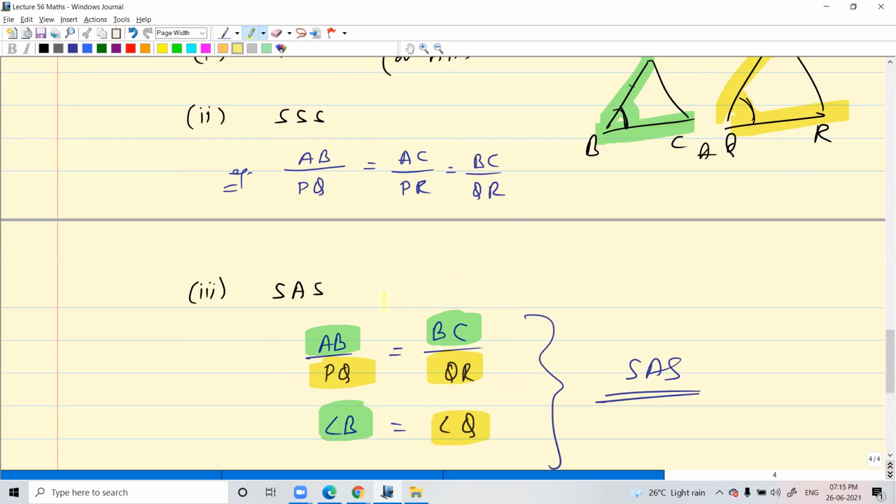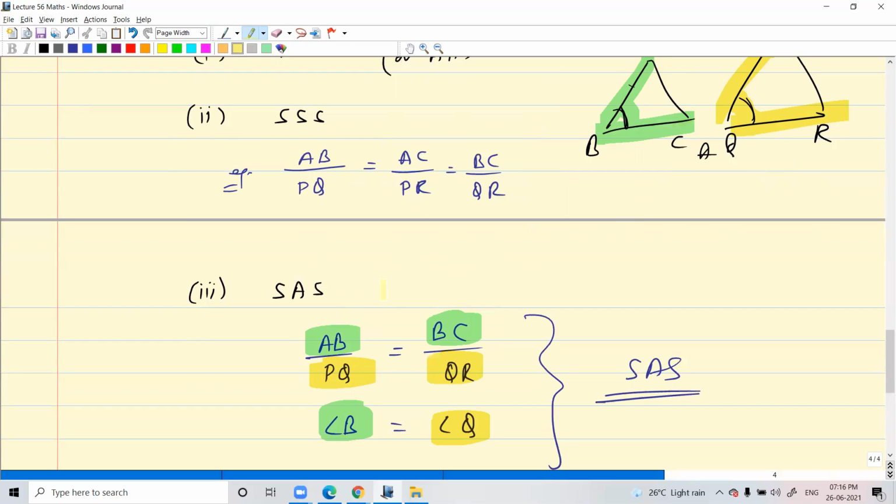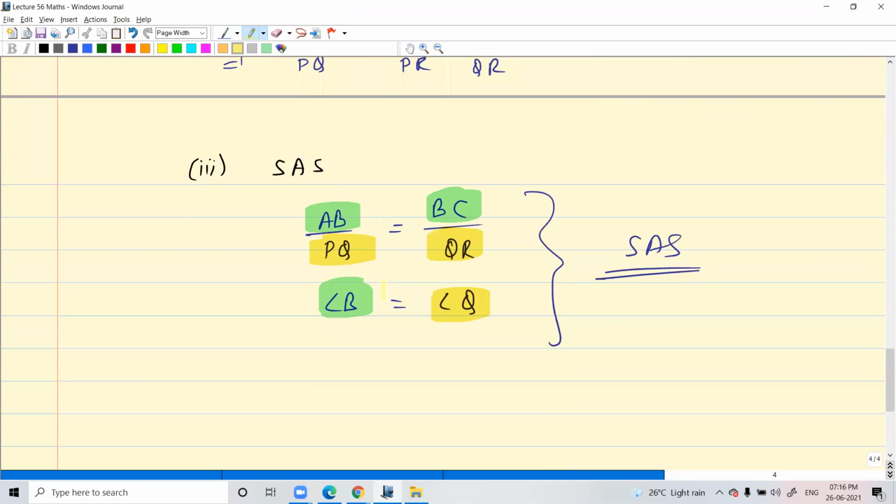That will not be correct. Tell me if you understand what point I'm trying to make here. Sides from the same triangle will be either in the numerator or denominator. So I have written AB and BC in the numerator for this triangle, and PQ and QR from this triangle. Tell me, guys. Yes.